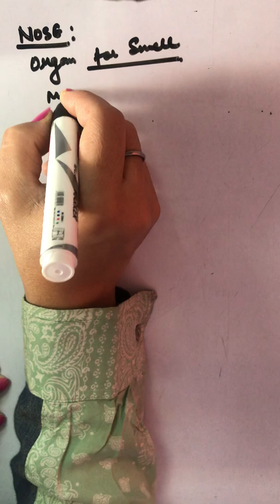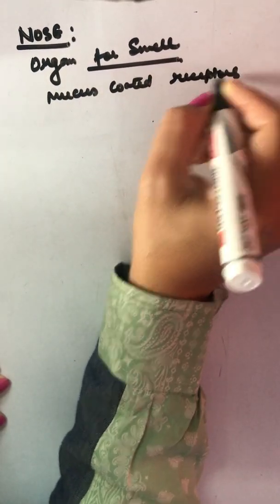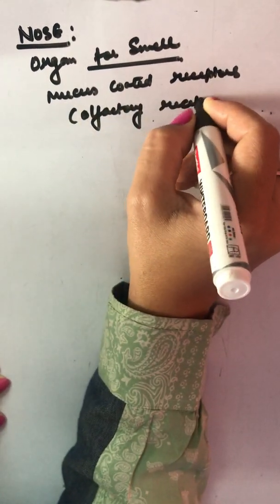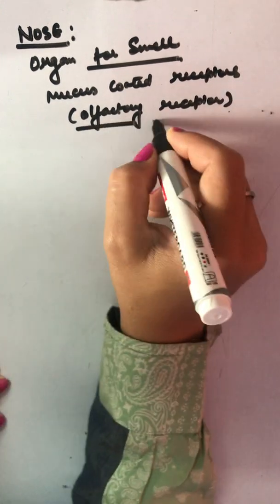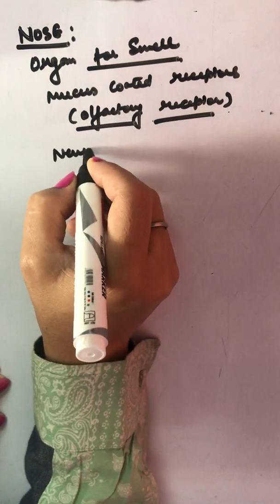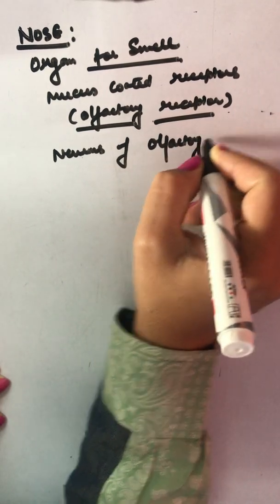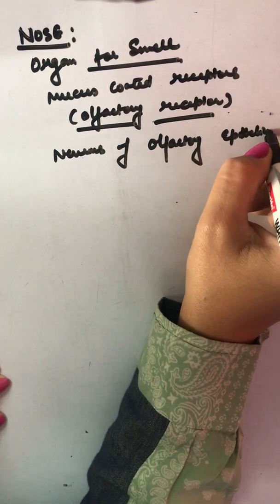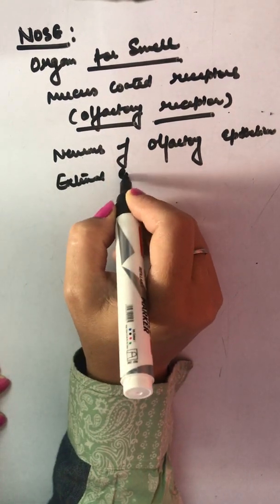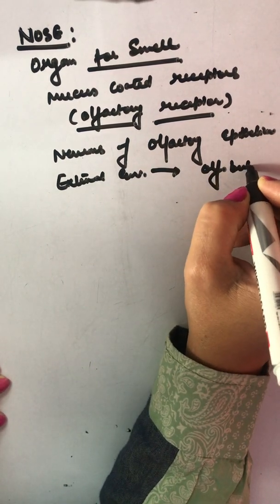It contains mucus-coated receptors called olfactory receptors. These are specialized to receive the sense of smell, and neurons of this olfactory epithelium extend from the external environment into a pair of olfactory bulbs.